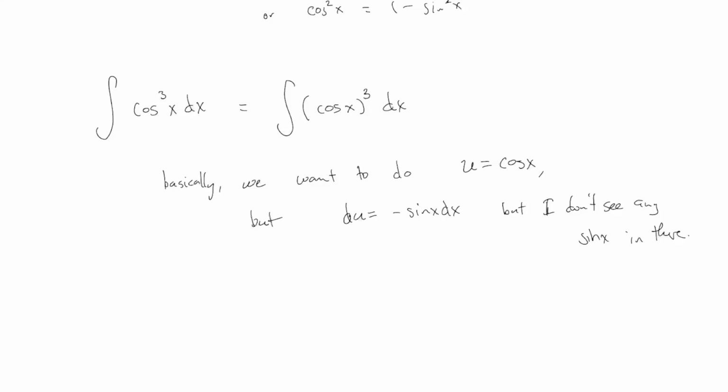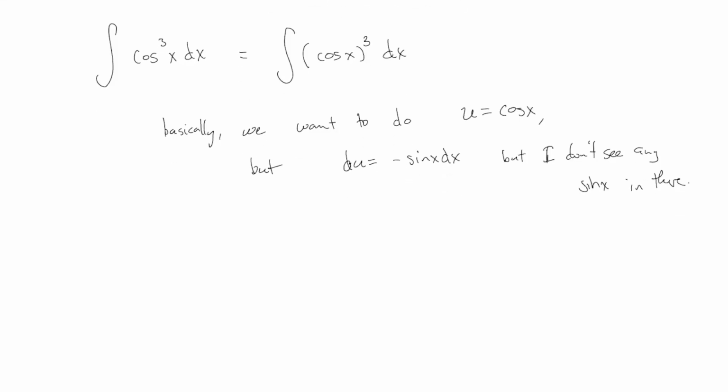And here's the trick. I call this, my fairly uncreative name for this trick, the save one trick. I'm going to save one cosine and then rewrite the others.